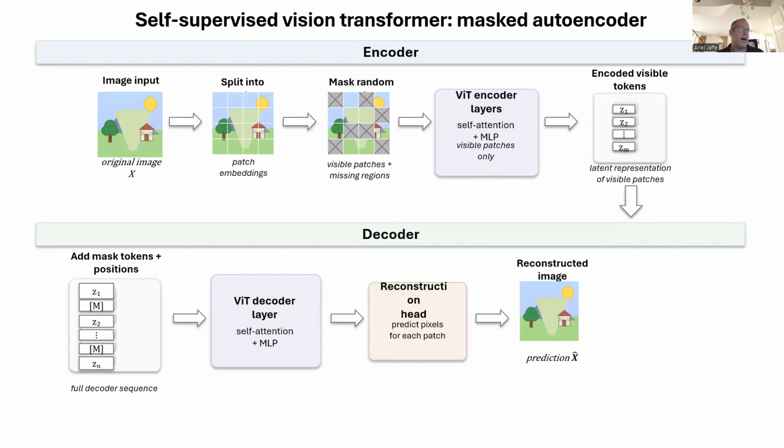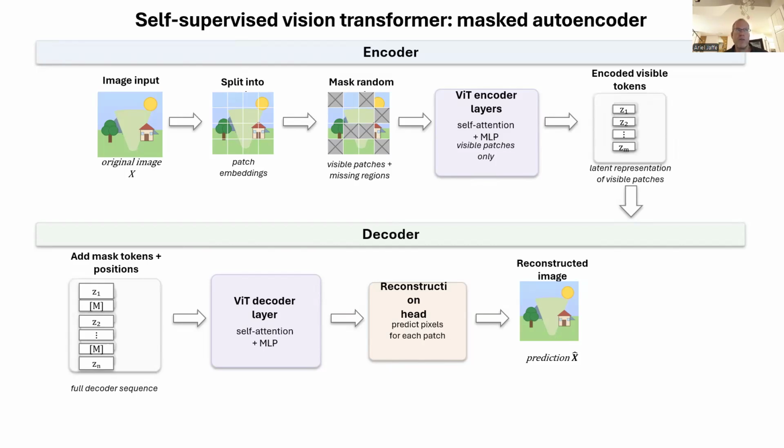Now, there are many things you can do with this kind of transformer. For example, you can use the output of the encoder to perform learning tasks, for example clustering or prediction tasks.